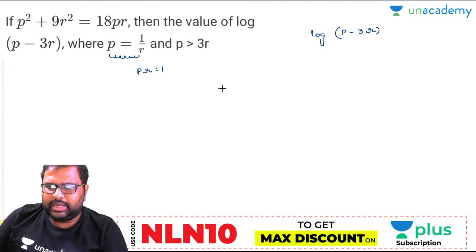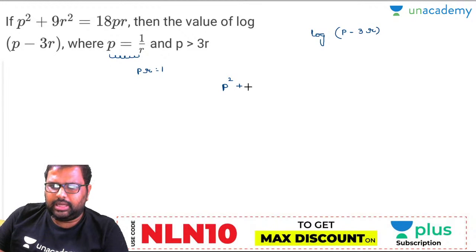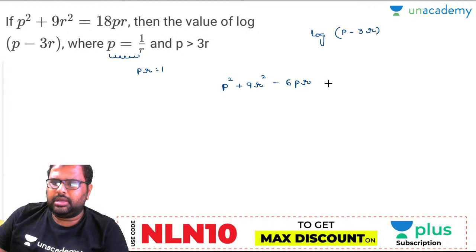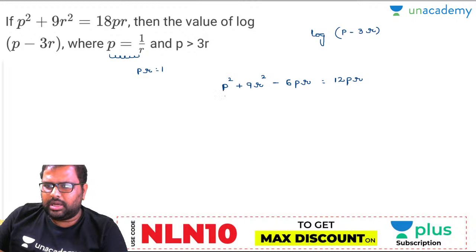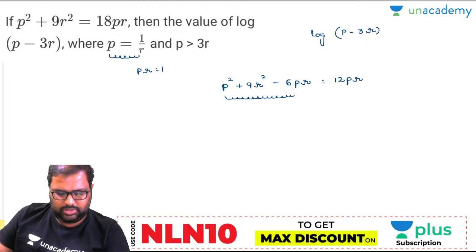अब देखो, can I write the given equation like this? P square plus 9r square minus 6pr is equal to 12pr. Now if I break down the given equation like this, yes, I can write the equation in this format. अब देखो, this is exactly in the format of a minus b whole square.